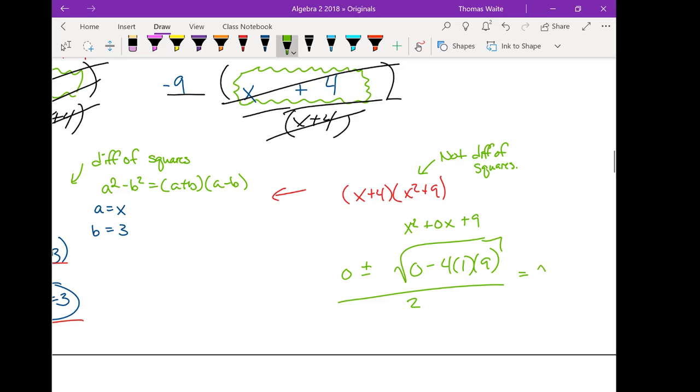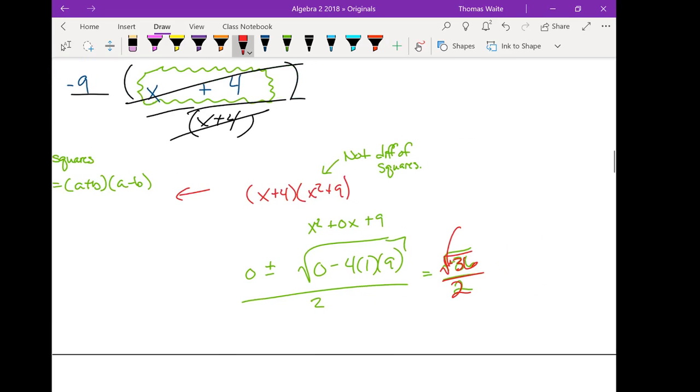That would leave us with the square root of negative 36 all over 2. So if you get a positive x squared plus something, we're not going to be able to get any real solutions because we can't have a negative under a square root. If you tried this in a calculator, it would give you not a real solution.